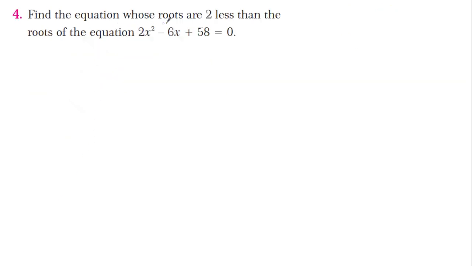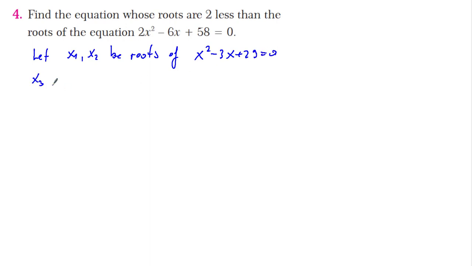Find the equation whose roots are 2 less than the roots of the equation. So we can write, let x1 and x2 be roots of the given equation. We can divide also by 2: x squared minus 3x plus 29 is equal to 0. So what does that mean?